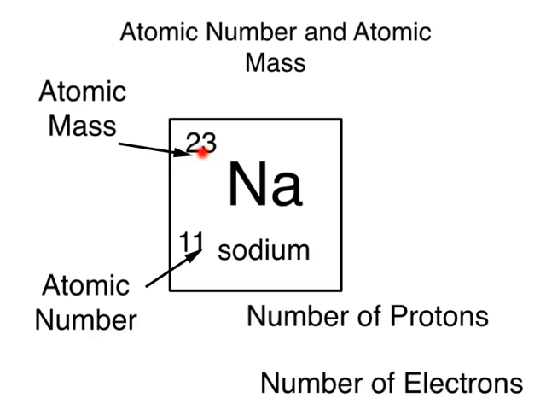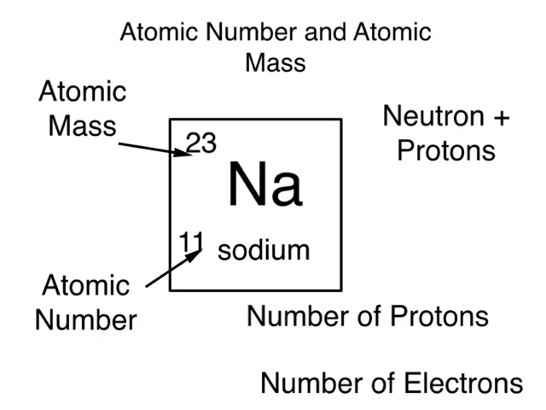Now the top number, the atomic mass, is the mass or the number of neutrons plus the number of protons. So when we looked at the masses of the neutrons, they were plus 1.